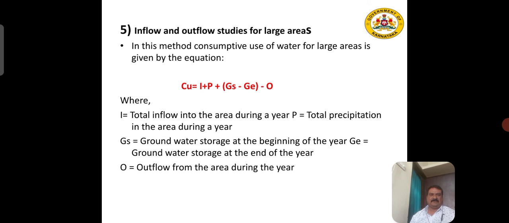In inflow and outflow studies, Cu equals I plus P plus Gs minus Ge minus O, where I is total inflow during a year, P is total precipitation in the area during the year, Gs is groundwater storage at the beginning, Ge is groundwater storage at the end of the year, and O is outflow from the area during the year.